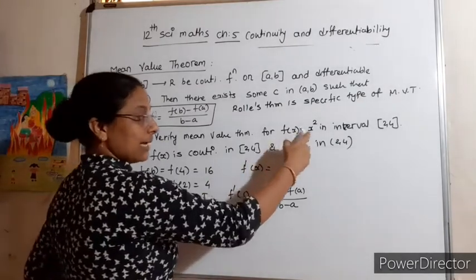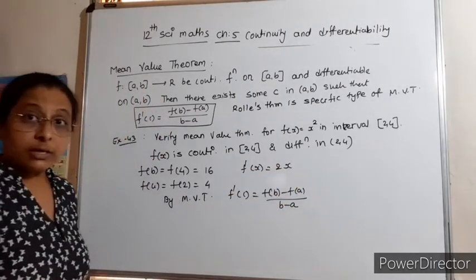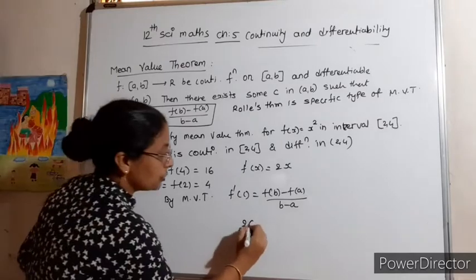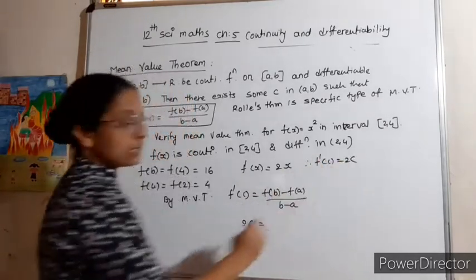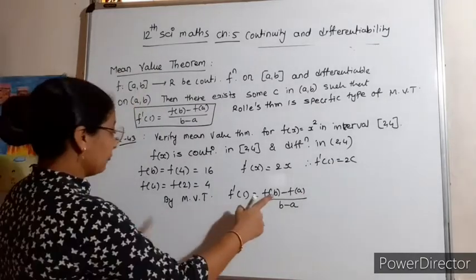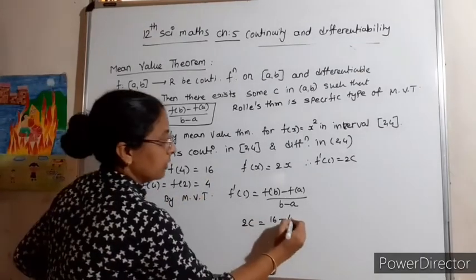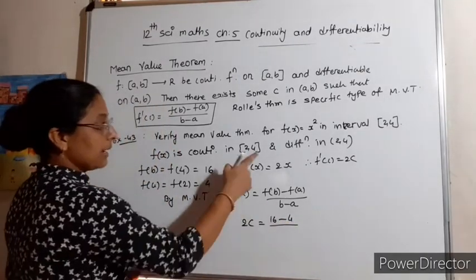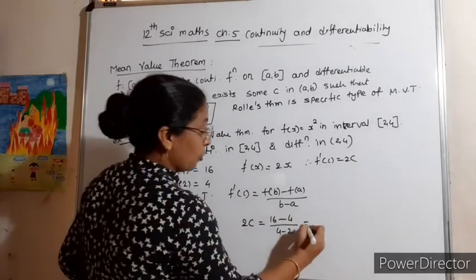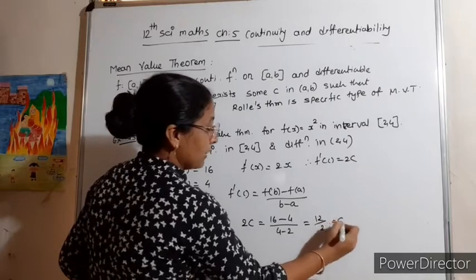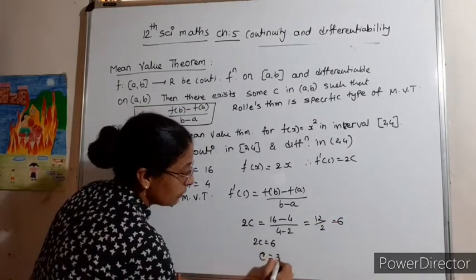What is f(x)? x square. So f dash x is 2x. Then f dash c is 2c. So we will write 2c is equal to f of b, 16, minus f of a, 4, upon b minus a, 4 minus 2. 16 minus 4 is 12 by 2, that is 6. You can say 2c is equal to 6, so c is equal to 3.